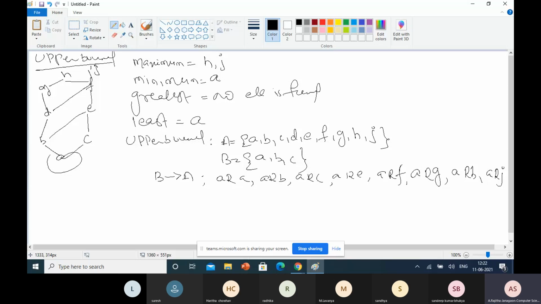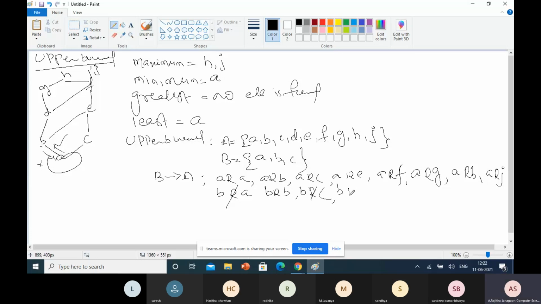Now write the relations with B. B relates to A, that is not there. There is no downward, you can take only upward, not downward. B relates to B. B to C, there is no relation.